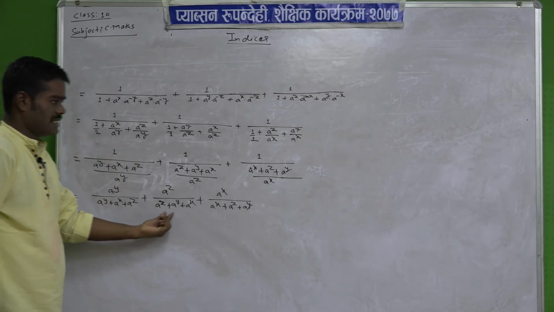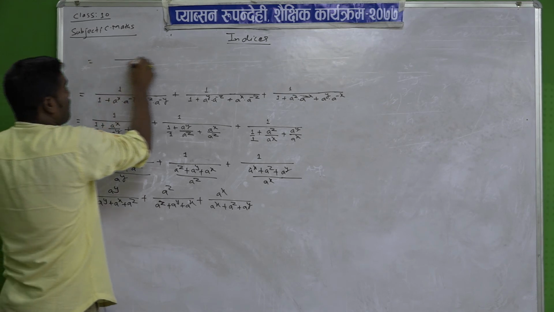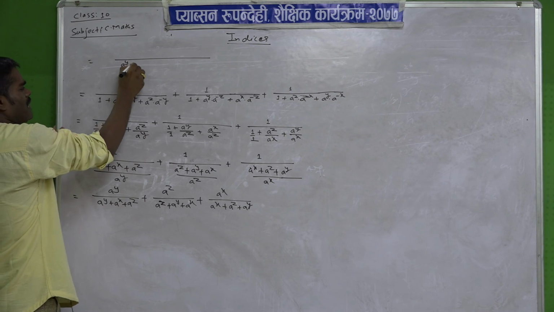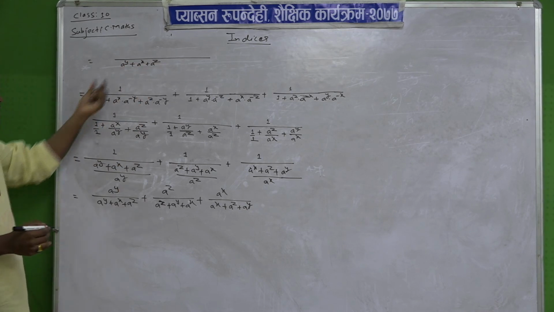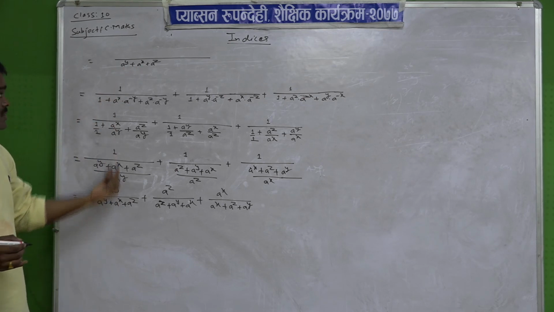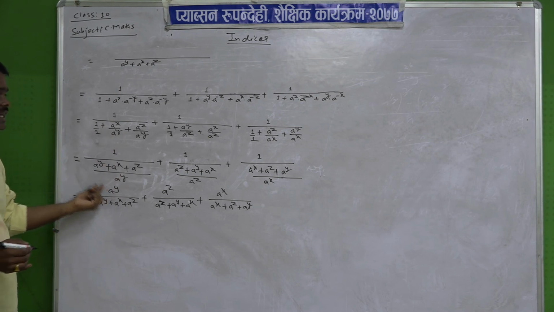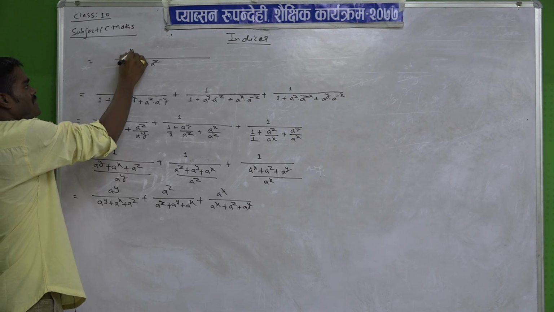All the denominators are the same, so the LCM will also be the same. So what is the LCM? A power y plus a power x plus a power z. Again this is the LCM and this one is the denominator, so divide the LCM by the denominator, how much is left? 1. So 1 into a power y means a power y.